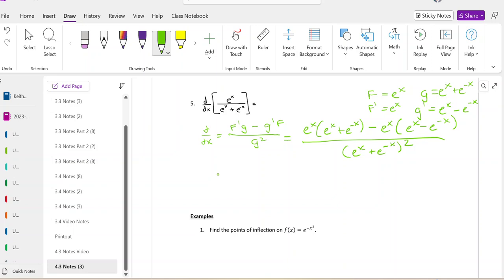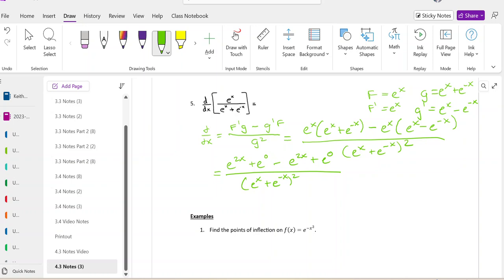When you simplify here, you get e to the 2x plus e to the negative, actually e to the 0, because x plus negative x, remember when you multiply, you add the exponents, minus e to the 2x plus e to the 0, all over e to the x plus e to the negative x squared.